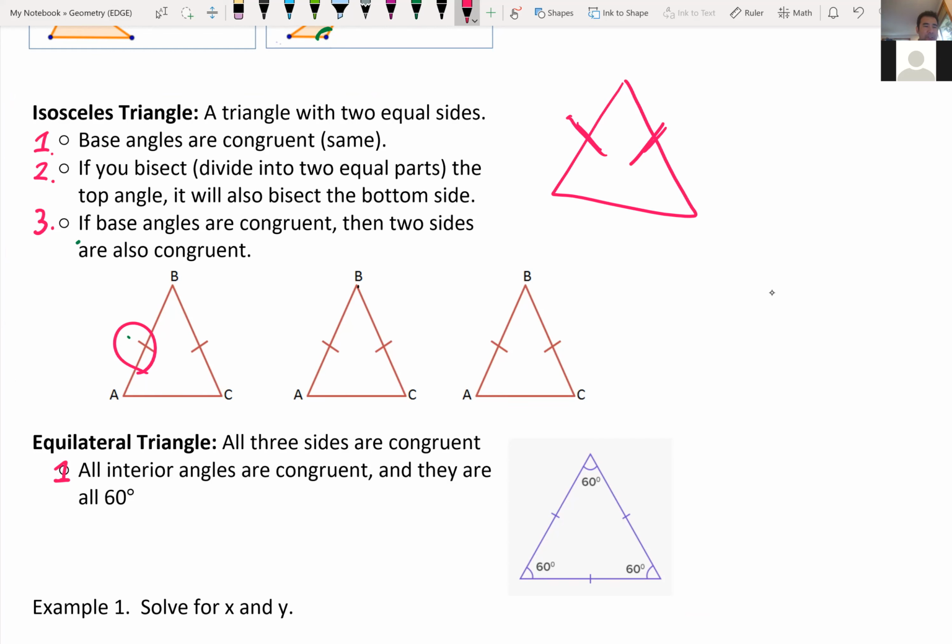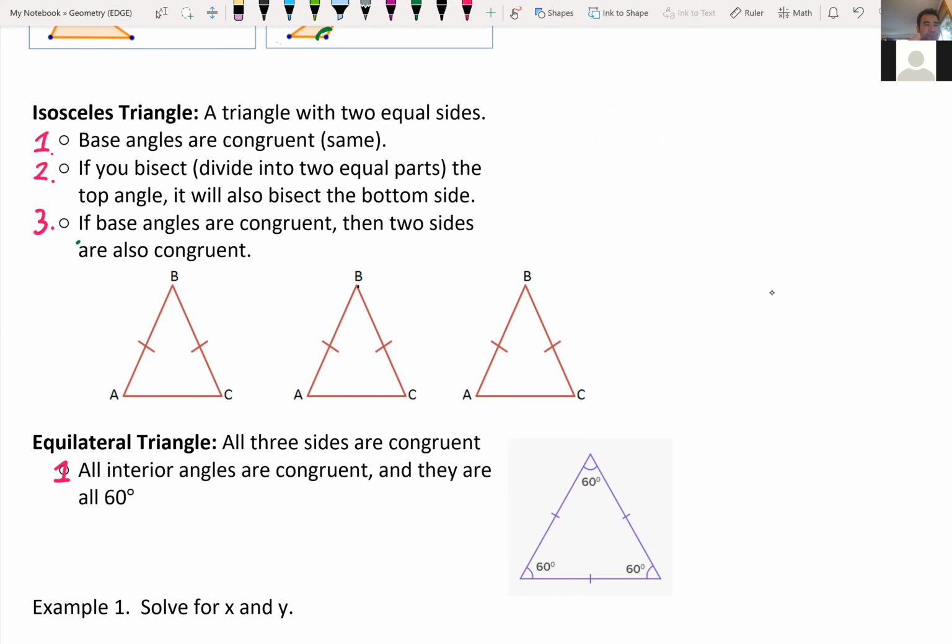If you see something like that, that's an isosceles triangle. Sometimes an isosceles triangle is drawn on its side like this, but it's still an isosceles triangle. As long as two sides are equal, that's an isosceles triangle.